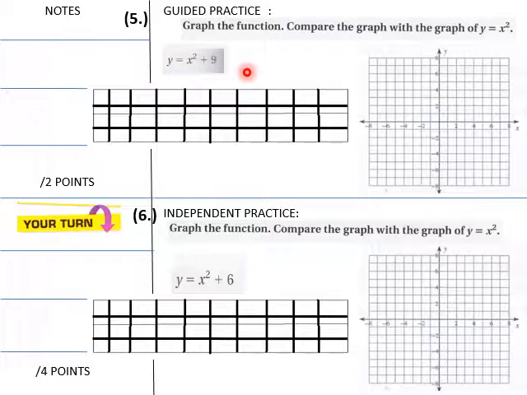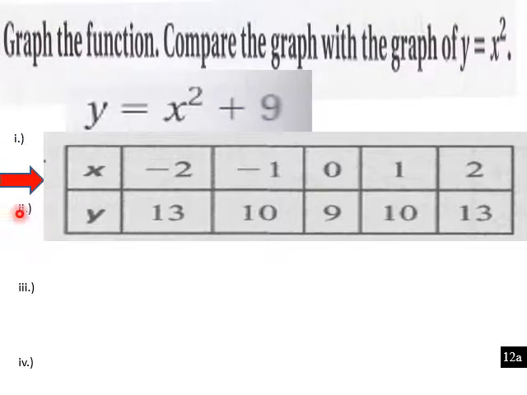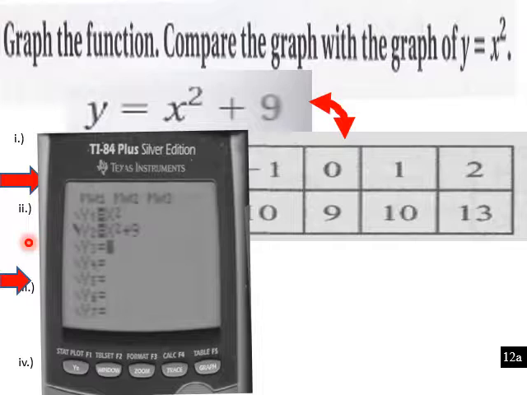Then we have another guided practice. Here's yours down here, students. Use a graphing calculator or fill the table in by hand. So when x equals 0, y equals 9, we have what they call a vertical translation.